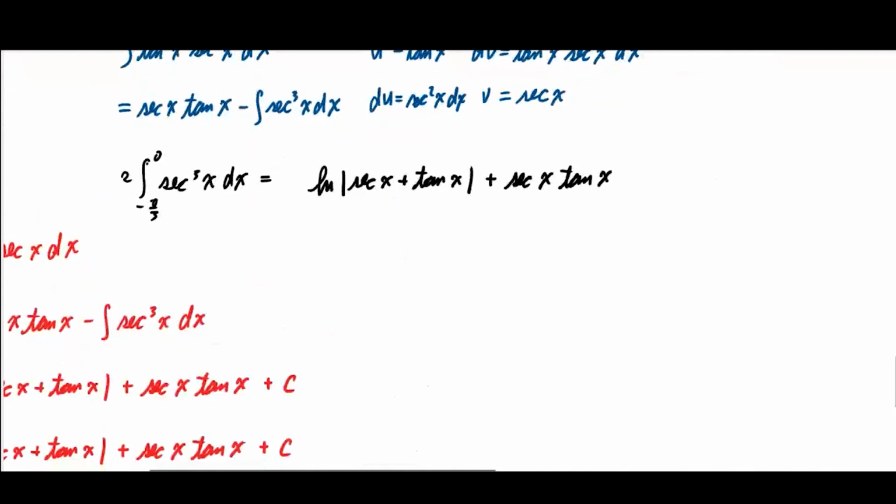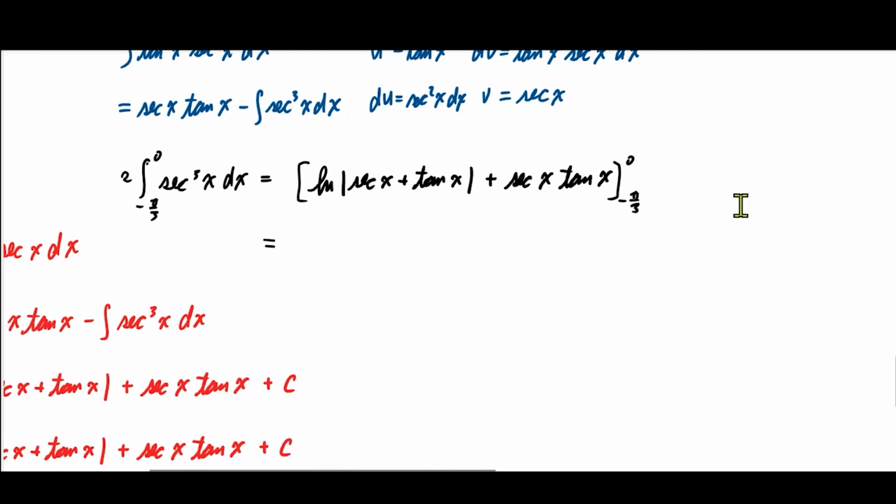This is such an unstable screen. Bracket. And from negative pi over 3 to 0. Are you with me? Who's lost? Now is a good time to speak up. Good. Now evaluate.